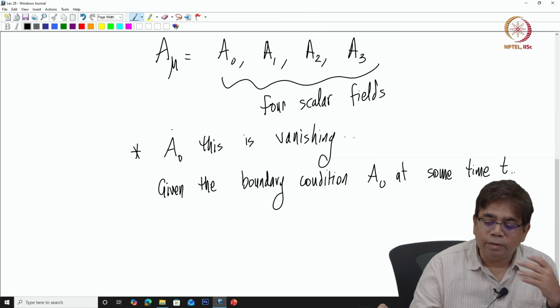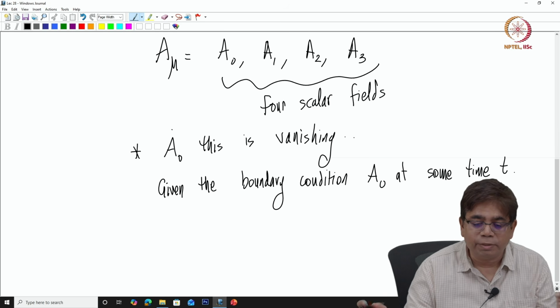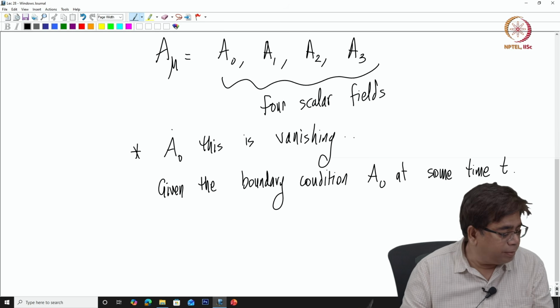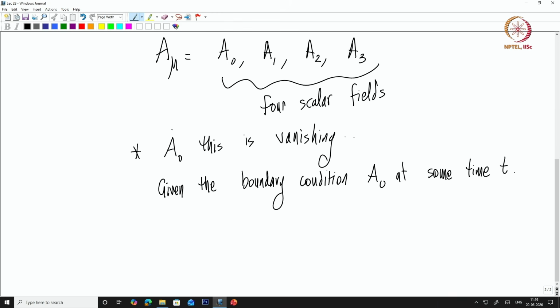So the evolution of A0 at other times is not dependent on A0 essentially. At some time t, it does not evolve. So A0 is completely determined because it does not evolve.